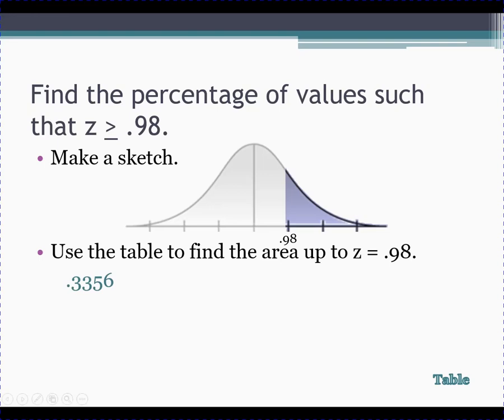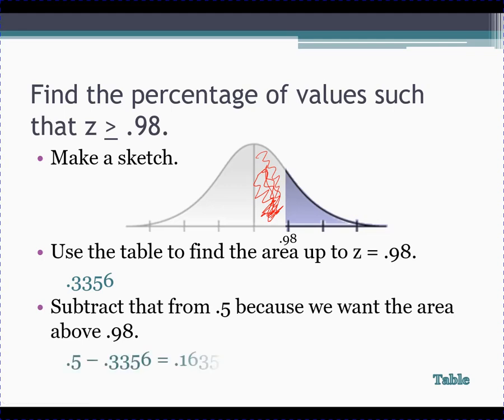So what we want to do is subtract, because that will give us this part in here. Well, we don't want that part, so we take that number and subtract it from a half to find this section over here. So we get 16.35%.